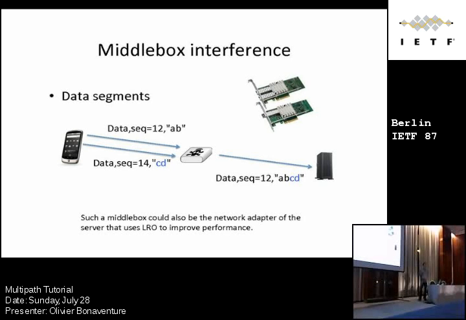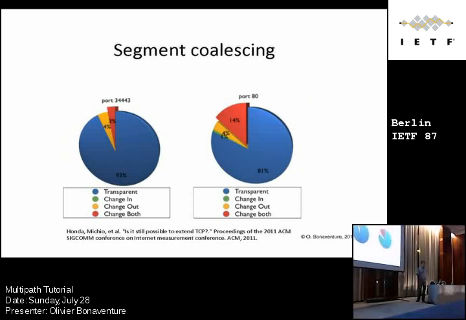I guess you have it on your servers, because when you have servers that do TSO or LRO, this is this kind of middle box. You receive multiple segments, and you combine them together as a single segment. Does it happen on the internet? Yes, of course, and more on HTTP than on a random port number, as usual.